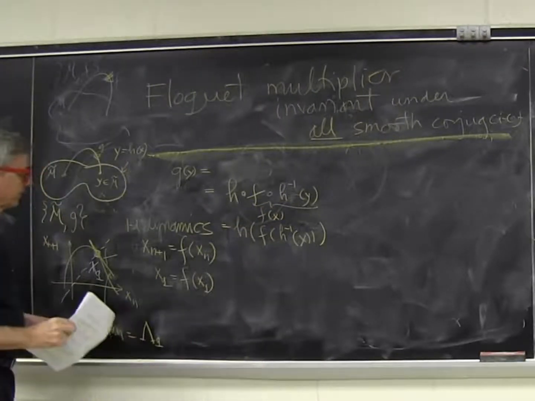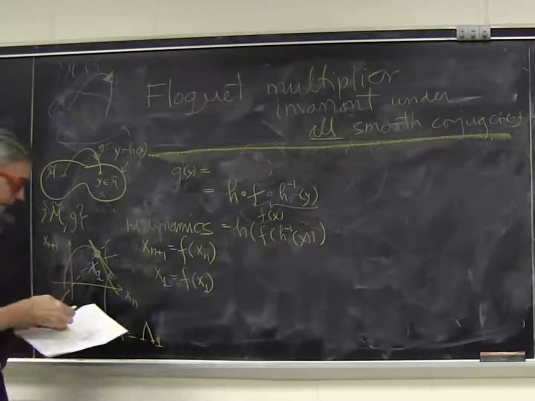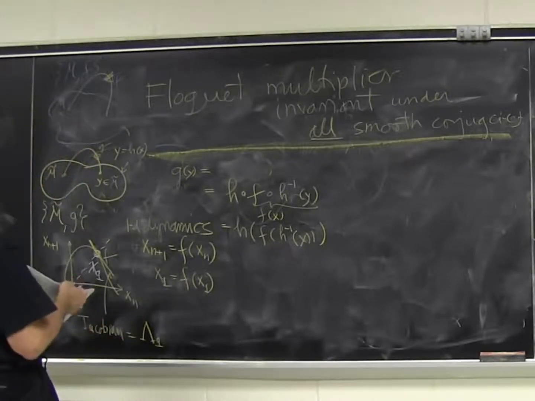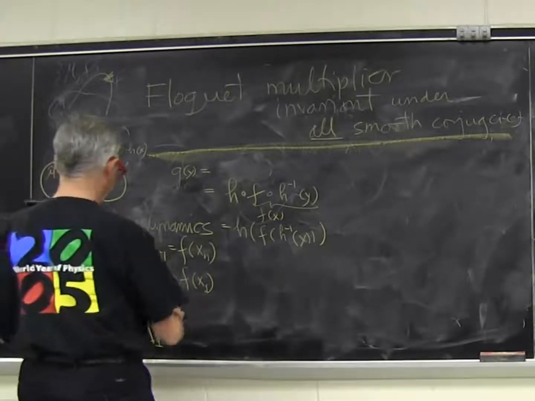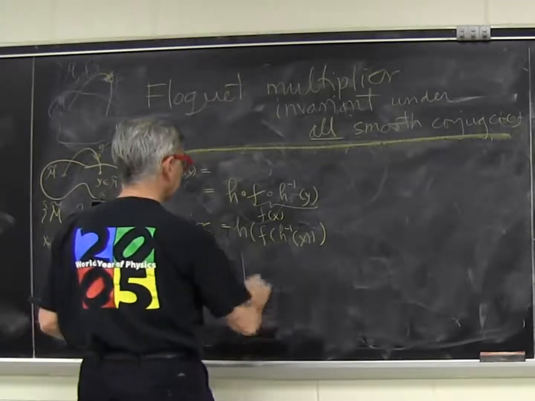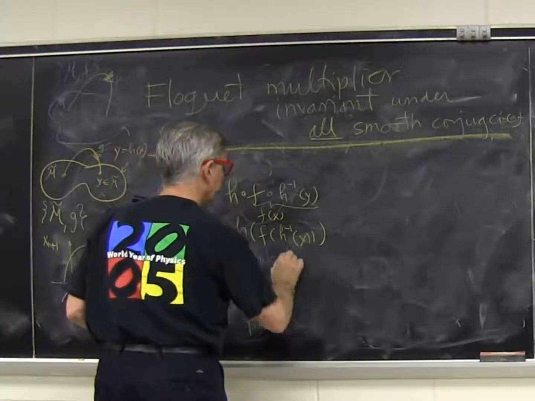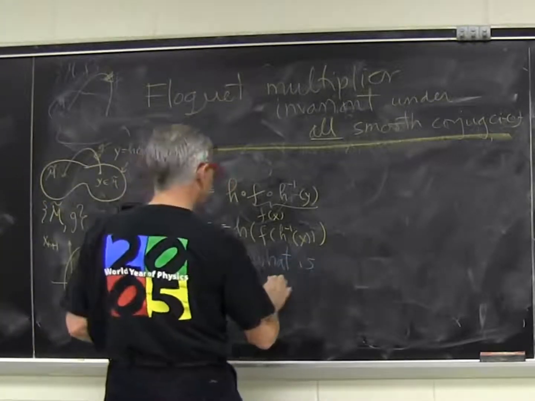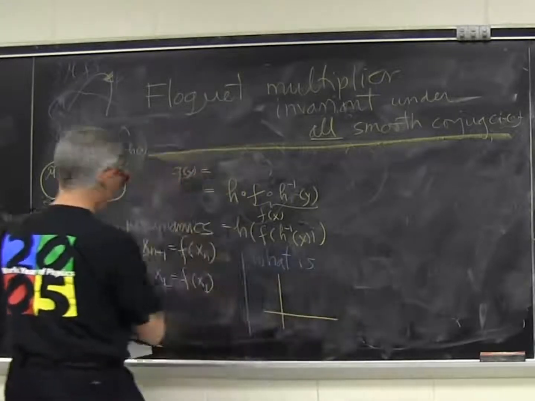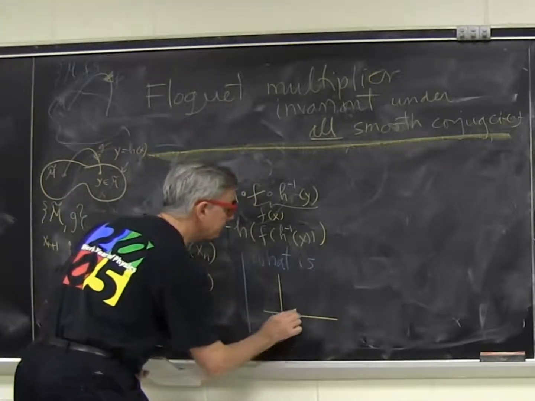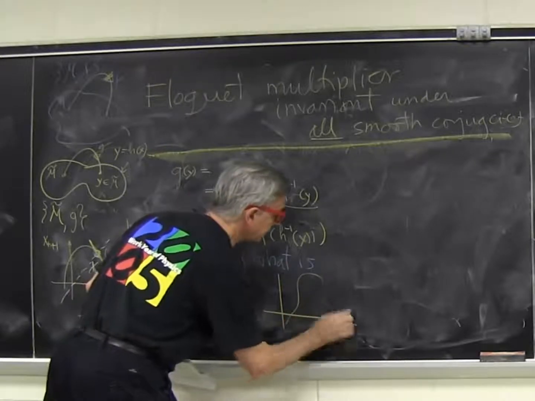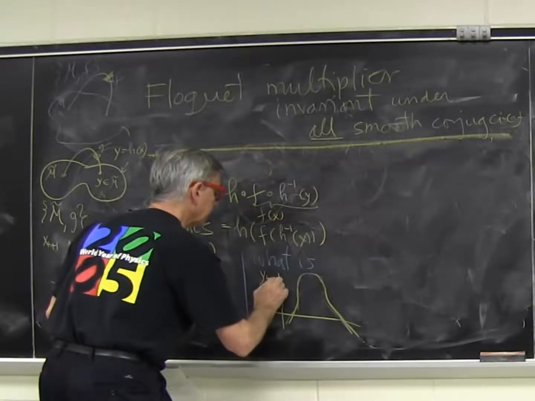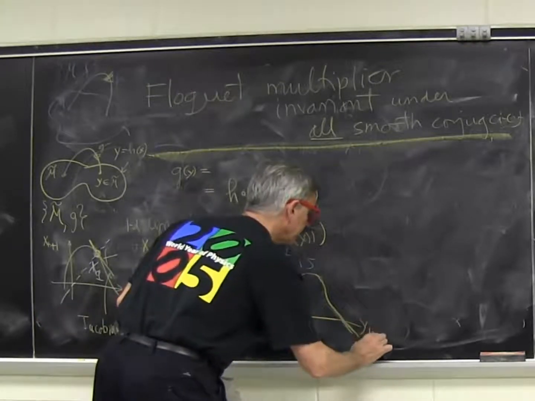So now I'm still in one dimension, and my question is, in my new coordinates, in this world here, I would like to know what the map looks like. It's single valued, sorry. So this is y n plus 1, y n.